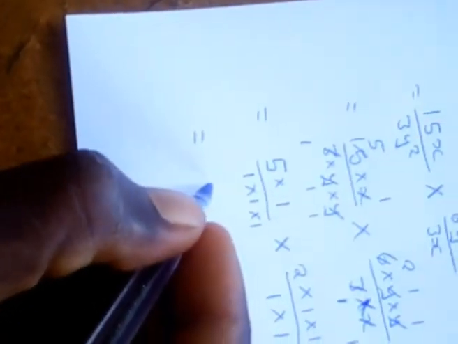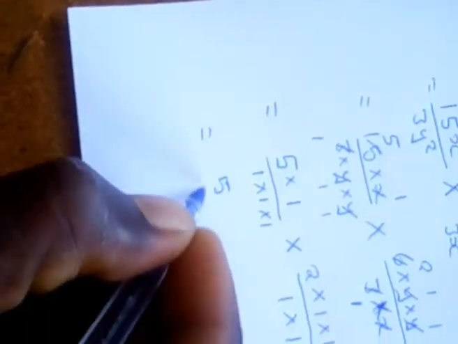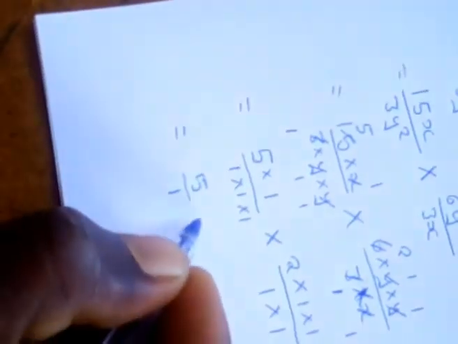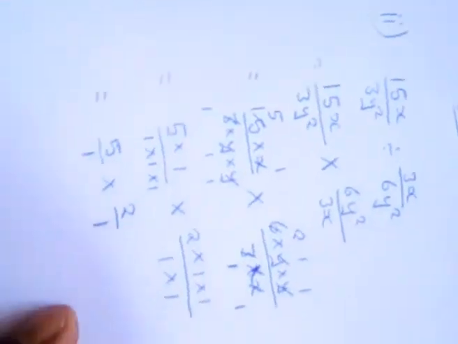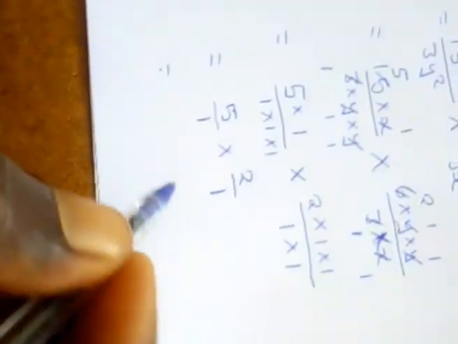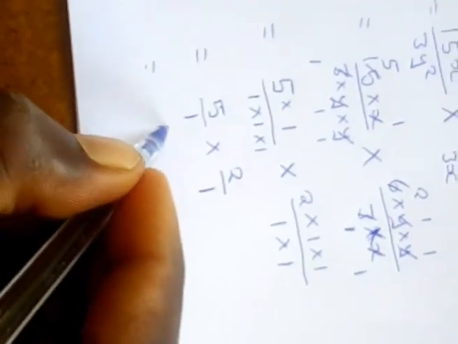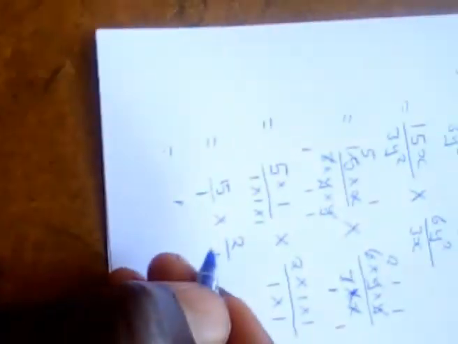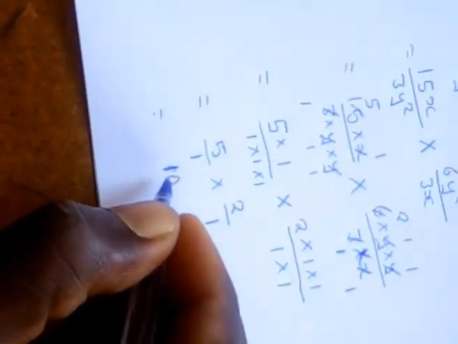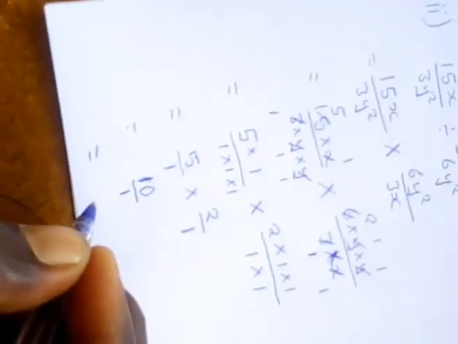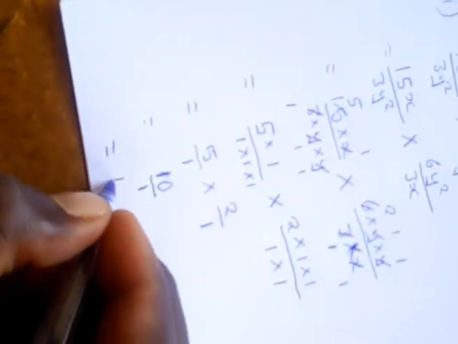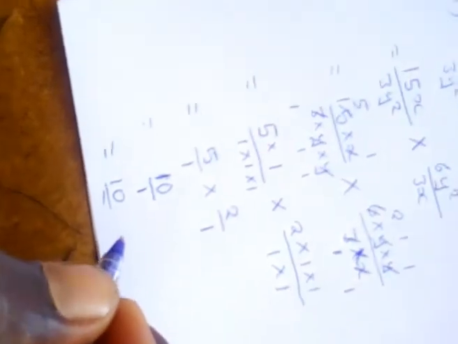Therefore, we are going to have 5 out of 1 multiplied by 2 out of 1, which gives us 10 out of 1. So our final answer is 10. We have divided the algebraic fraction.